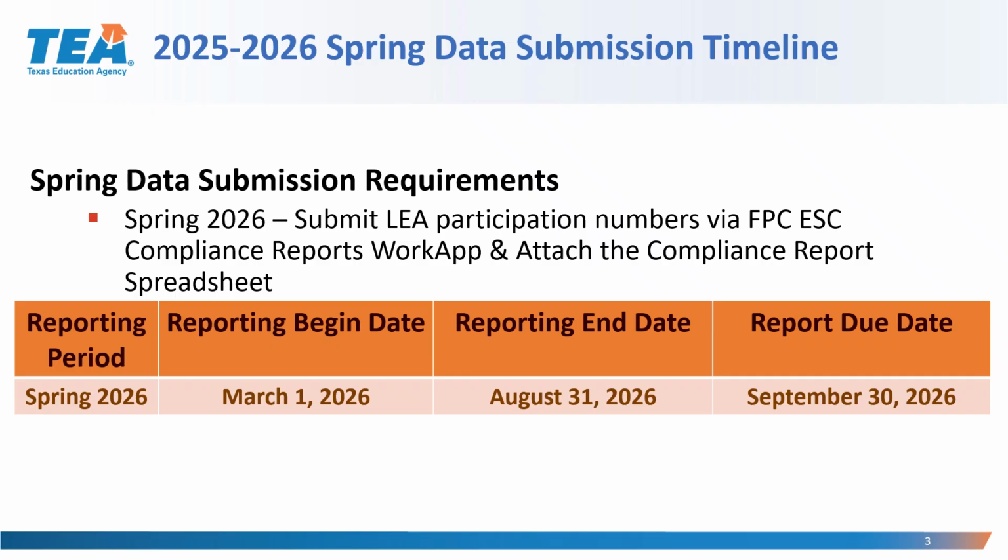In addition to submitting the school system participation numbers, ESCs are also required to attach the completed ESC ESSA Compliance Report spreadsheet in the WorkApp that includes the school system's activities and numbers reported for both the fall and the spring. The spreadsheet is only required to be attached on the spring report submission.